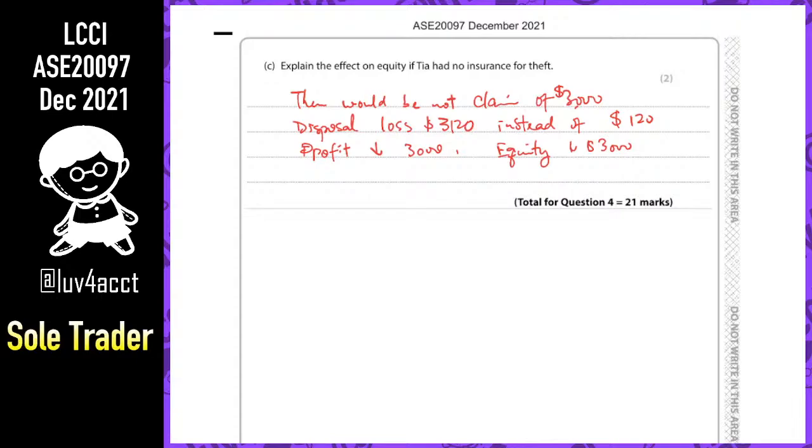But if you think one step further, one step before, profit. If you do not have insurance for theft, does it mean that your insurance expenses would also go down? It does. And it should.